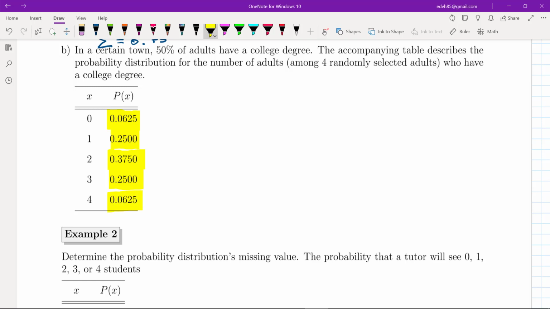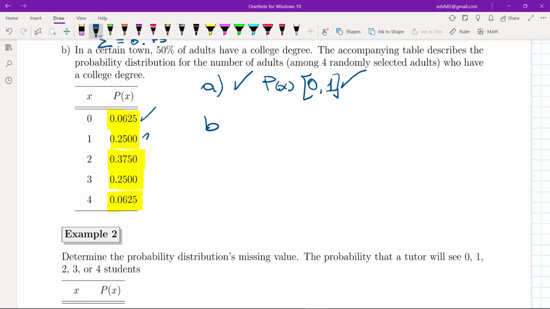So in this case, let's see if we have a probability distribution. For letter A, all of these probabilities are between 0 and 1. So that's met. And letter B, let's add all these numbers.